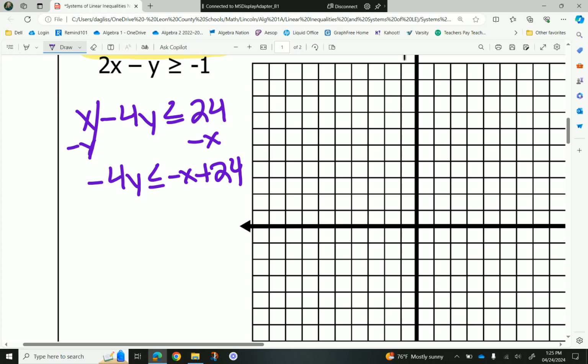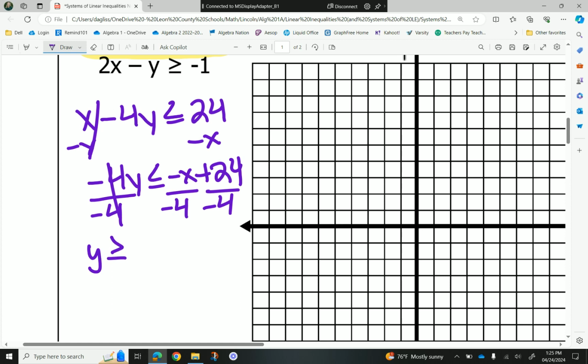Now what? Divide by what? Negative 4. There we go. Does dividing by negative 4 flip my sign? Yes. Good. So now it's greater than or equal to.